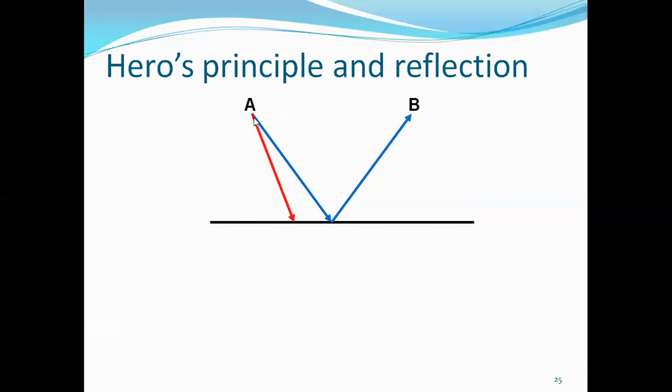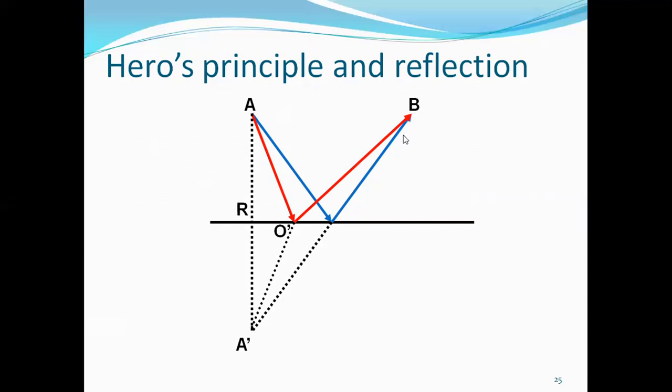If the light goes this way or this way, there are two paths. So the light must take the shortest path, as said by Hero's theory. So light must firstly come from A to O and then go from O to B.